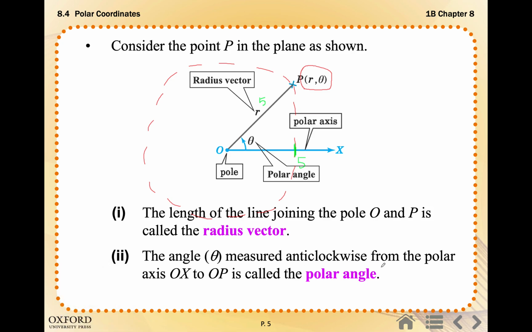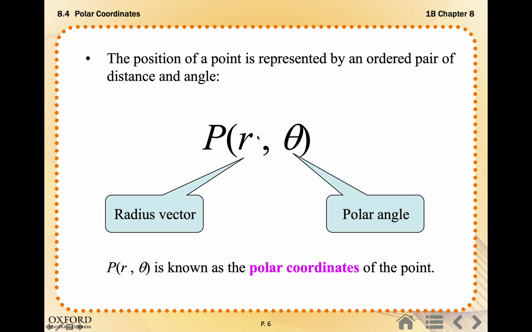That is from the polar axis, OX, and then measure in the anti-clockwise direction, that means this direction. Then measure the size of the angle, that is theta, and just read the size of theta from the polar coordinate plane. Then let's look at some examples later.